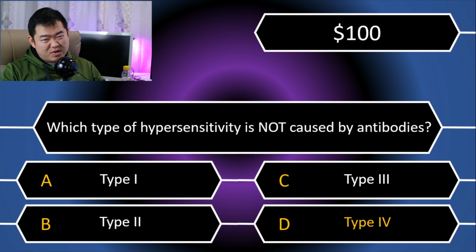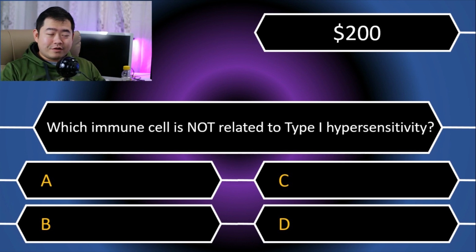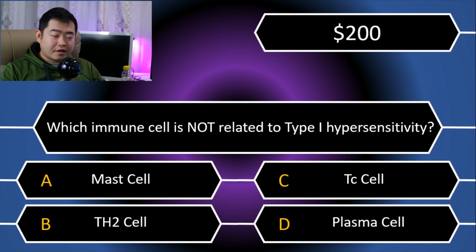Now move on to the $200 question. Which immune cell is not related to type 1 hypersensitivity? A. Mast cell, B. Th2 cell, C. TC cell, and D. plasma cell. I'll give you 5 seconds this time. 1, 2, 3, 4, 5.